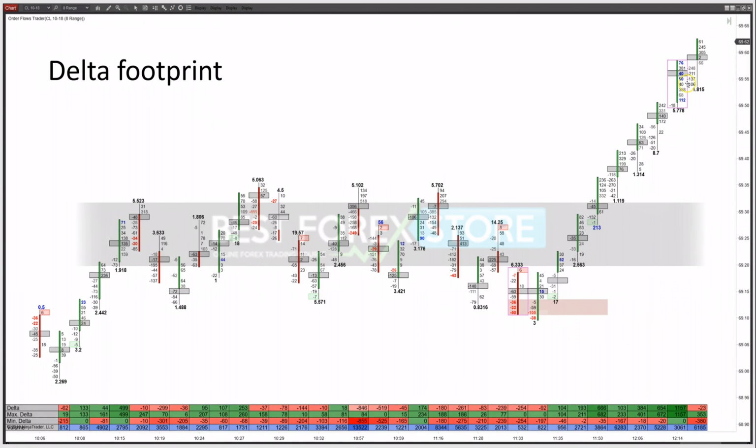But on bars that are in a trend moving in one direction, you tend to see the aggressive buying on the way up, with a little bit of aggressive selling towards the bottom of the bars. Just as in a market that's selling off, you see a little bit of early aggressive buying, but then selling taking over, selling taking over. Then on the way up, aggressive buying, aggressive buying.